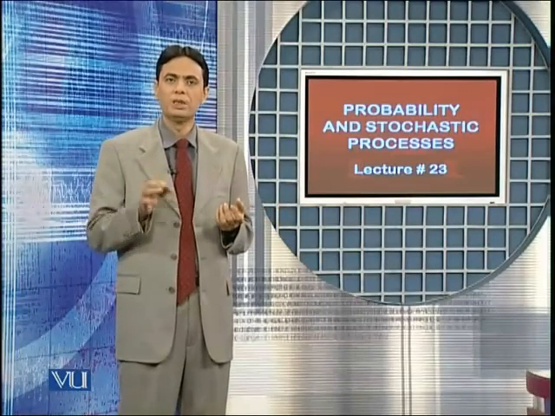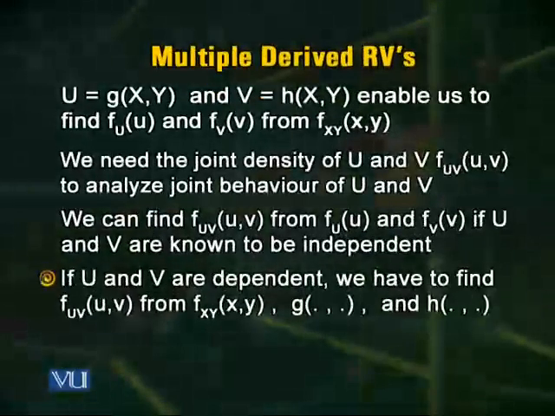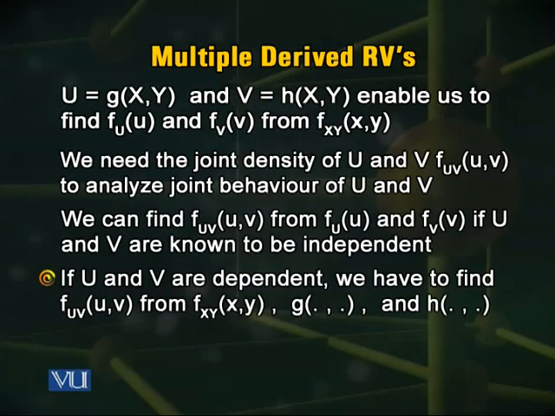In this example, g, the function which combines x and y to give u, is y minus x, and the function h, which combines x and y to give us v, is x plus y. So we use these two functions and the underlying joint probability density function of x and y to come up with the joint PDF of u and v without making any assumption of independence of u and v.